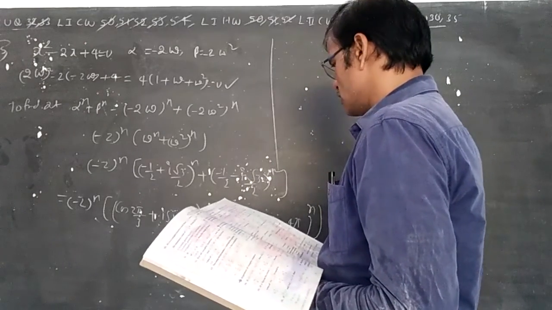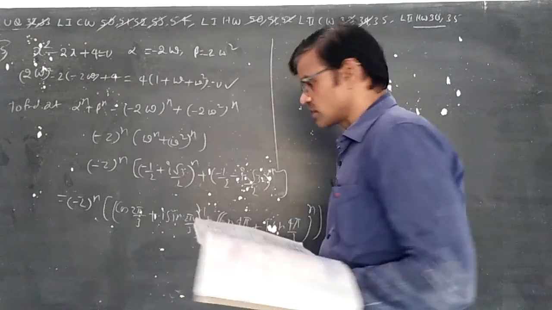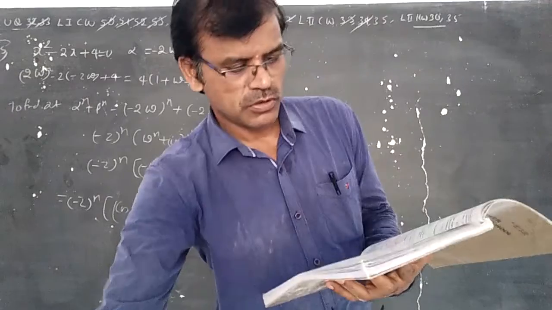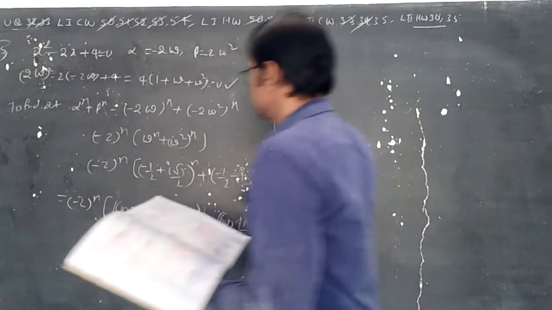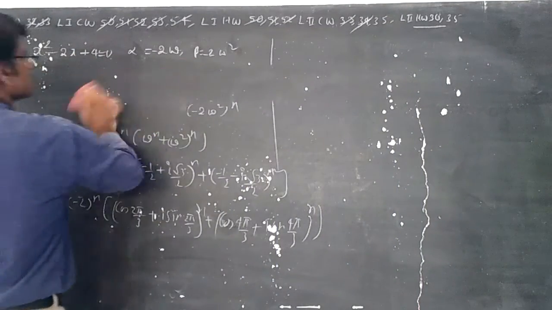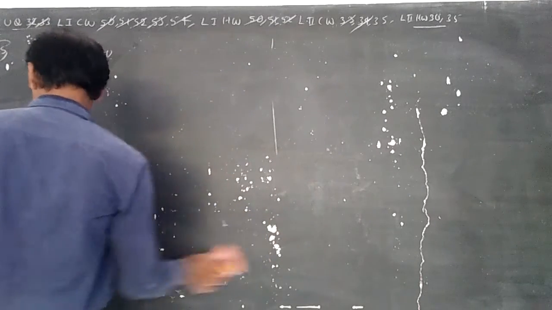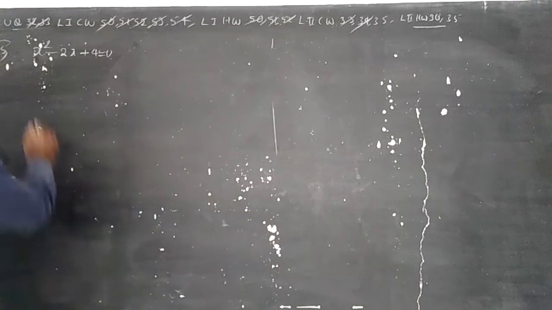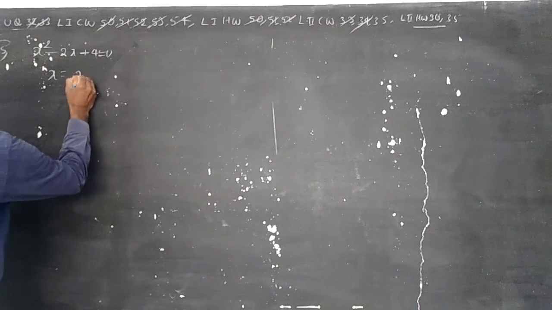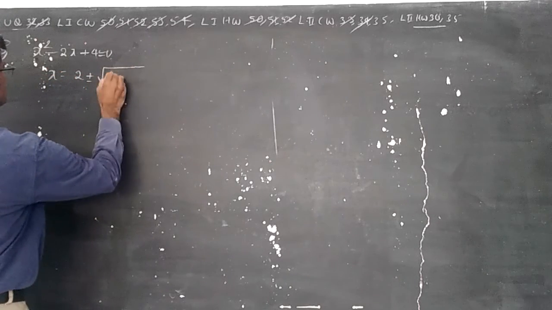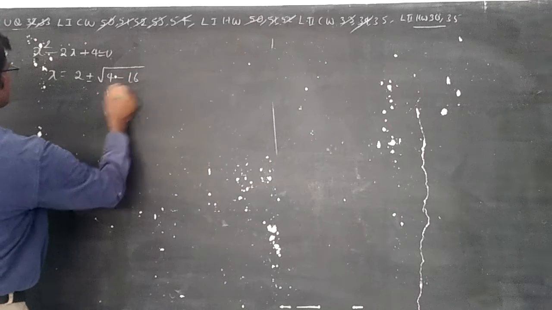Cos 4nπ/3 and sin 4nπ/3 will not get cancelled, so it is better to take roots. This is not an easy method. x² − 2x + 4, so x = (−b ± √(b² − 4ac))/2a.